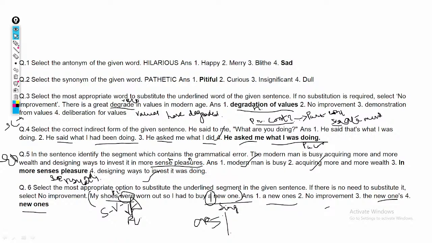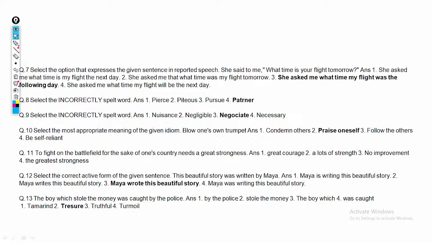My shoes were worn out, so I had to buy new ones, and also add an s because it will be plural. Because shoes are always used in pairs, referred to as were and are. Your shoes are so beautiful. Your shoes are so cool. I got a cool pair of shoes. So these are all the various examples. They are used in plural.